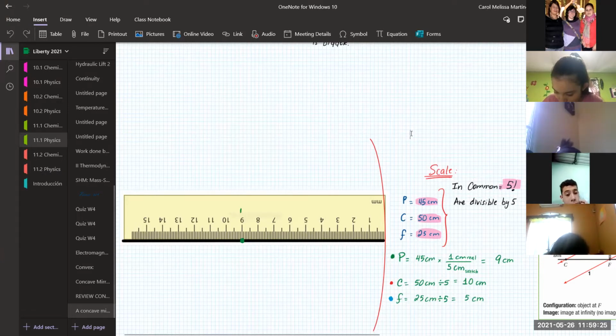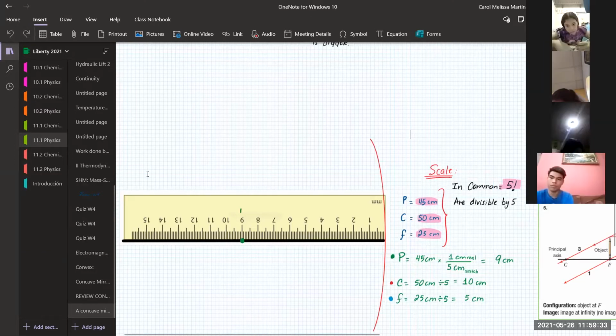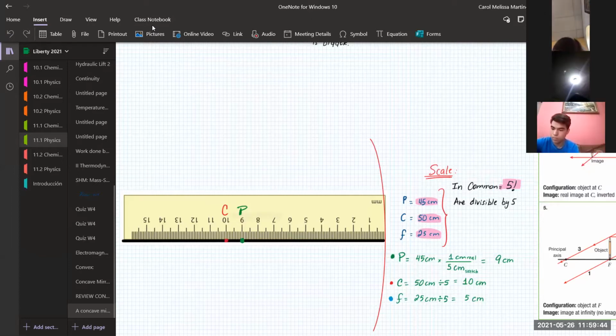Wait a second, I'm going to close the app because it's not updating. Okay, the point C is located at 10, and the point F is located at 5.